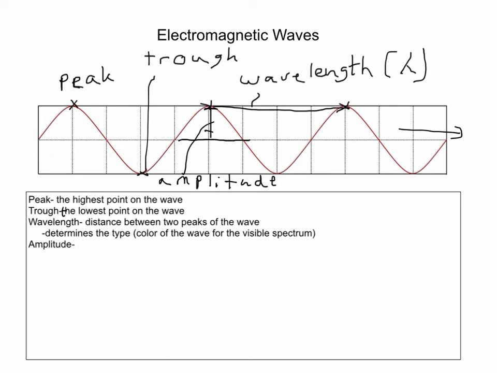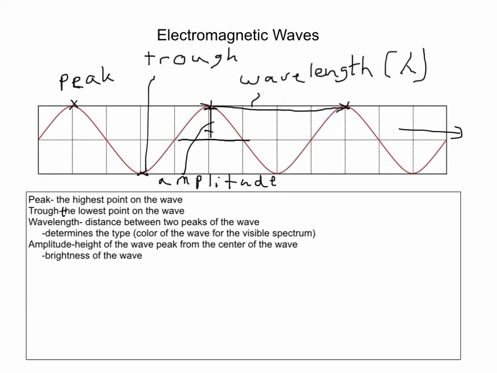The amplitude of the wave is the height of the wave peak from the center of the wave. What does this relate to when we're talking about waves? Well, this will be the brightness of the wave. The higher the amplitude, the brighter the light, or the louder the noise if we're talking about a sound wave.